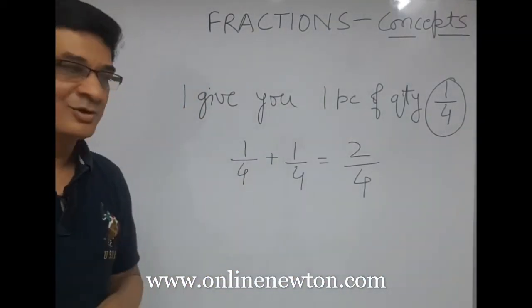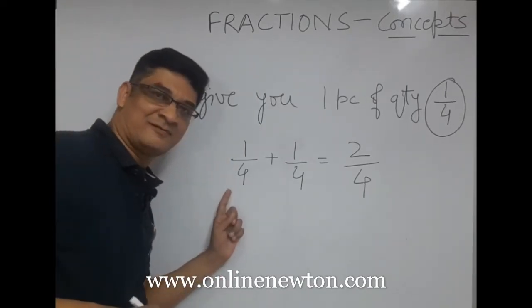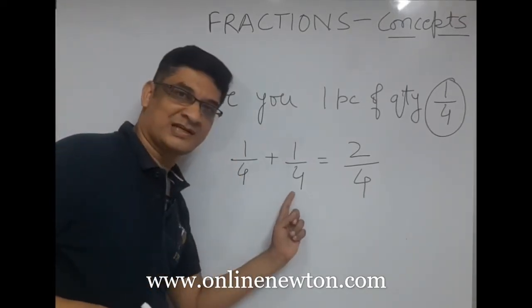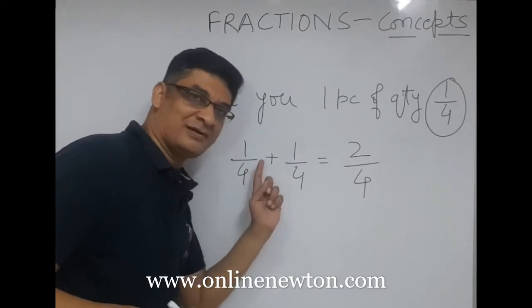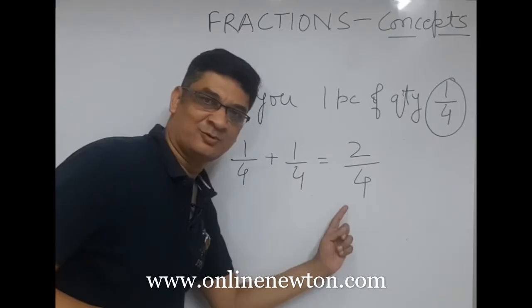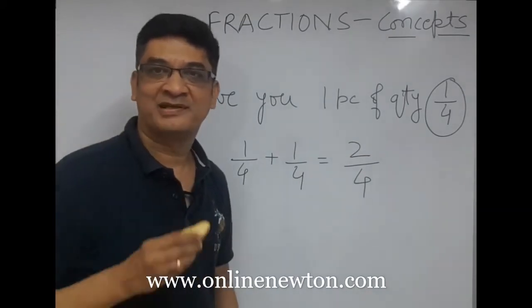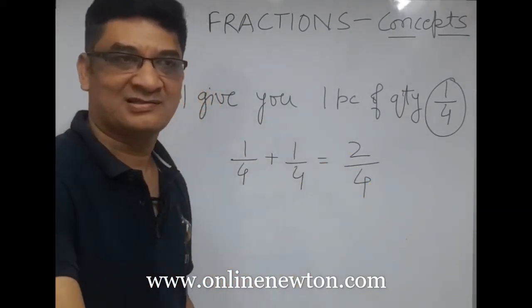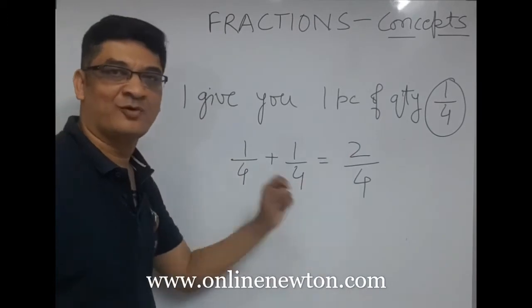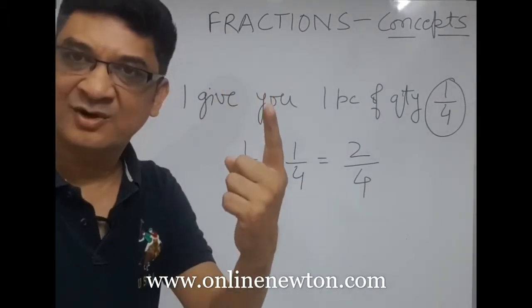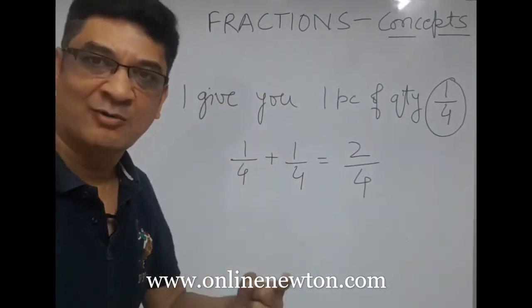The same thing can also be written as I gave her 1 by 4 first piece, 1 by 4 second piece. So 1 by 4 plus 1 by 4 is equal to 2 by 4. Now I give her one more piece. Now she already has 2 by 4. I give her one more piece of 1 by 4. So now how much does she have?